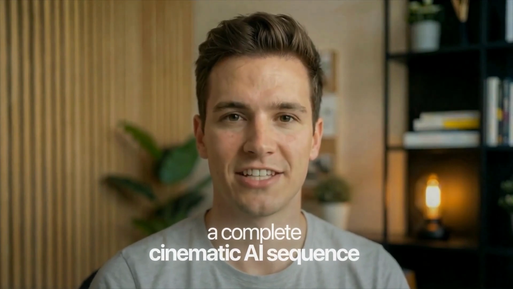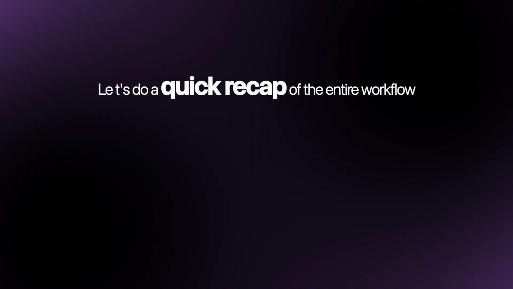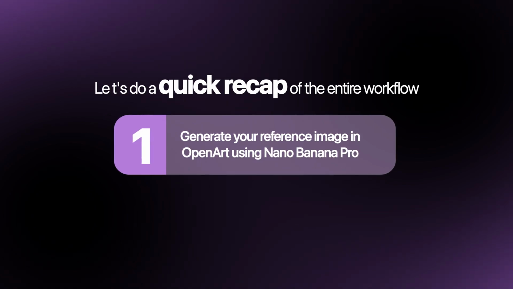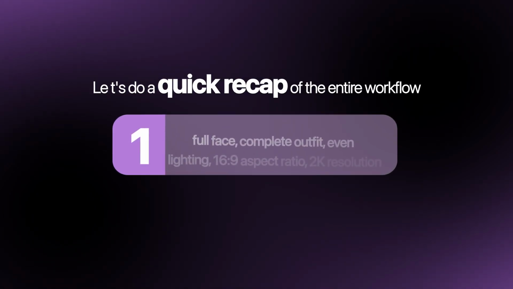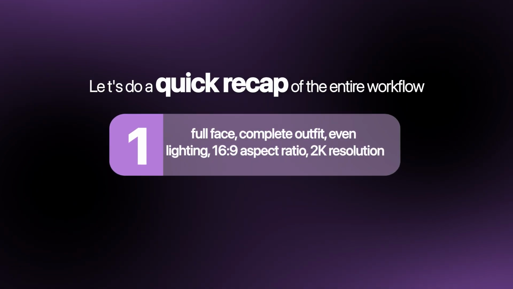And there it is. A complete cinematic AI sequence created from a single starting image, all generated and animated entirely within OpenArt. Let's do a quick recap of the entire workflow. Generate your reference image in OpenArt using Nano Banana Pro. Full face, complete outfit, even lighting, 16:9 aspect ratio, 2K resolution.